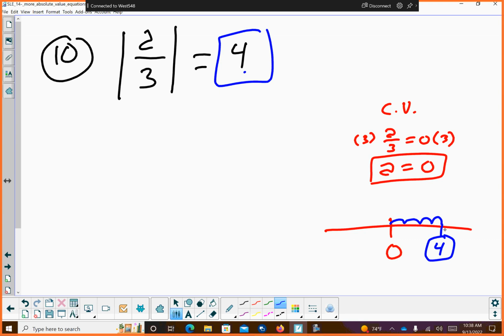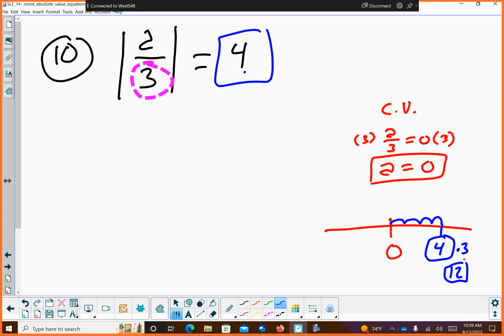What if I took this 3 right here and I went times 4, I get 12? So that might work. So I'm going to multiply this by 3, and I get 12. Because I feel really comfortable that 12 over 3 is indeed 4. Absolute value of 4 is 4.